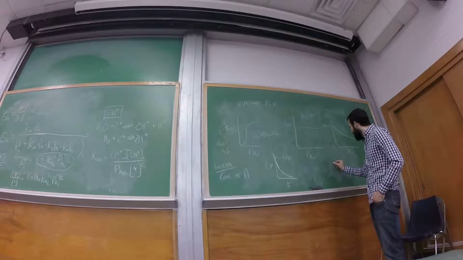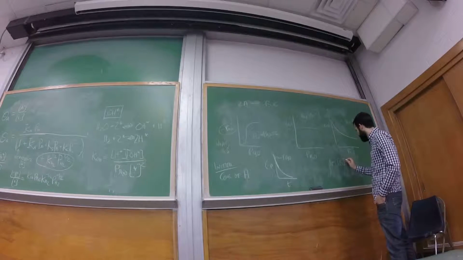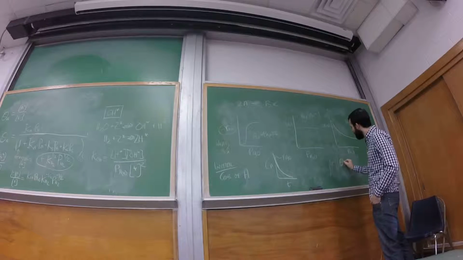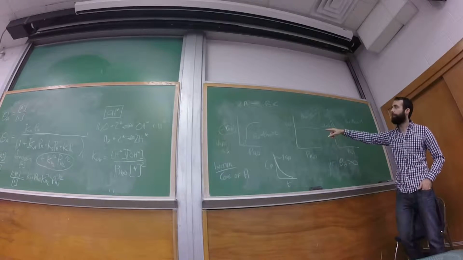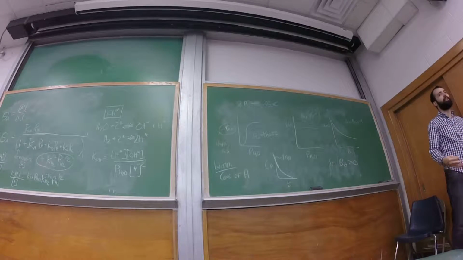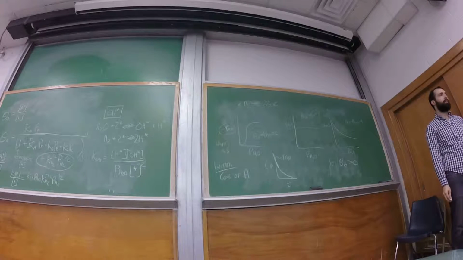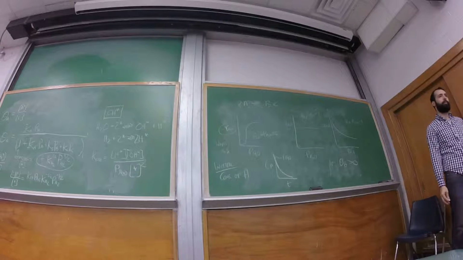Right? Okay, so let's say if B was on the surface, if the coverage of B was greater than 0, what would happen? Remember that B is a product. So what would happen to the rate as I change the pressure of B? Would it go down or would it go up?